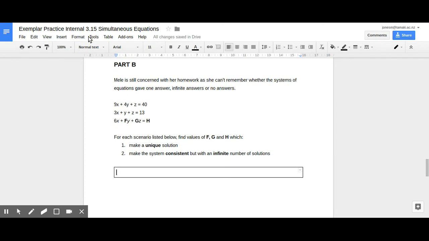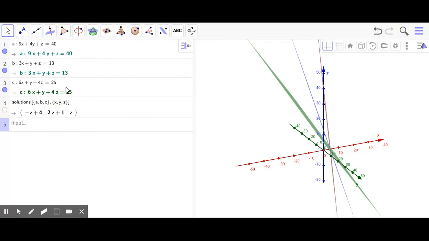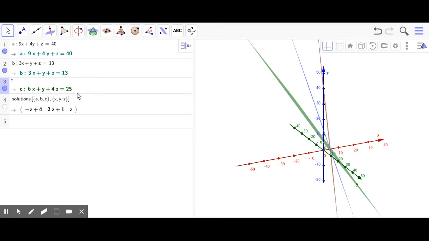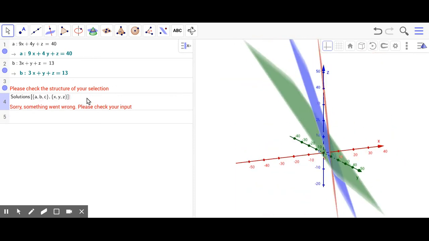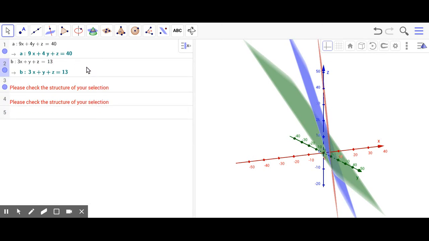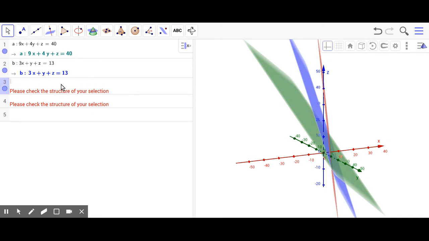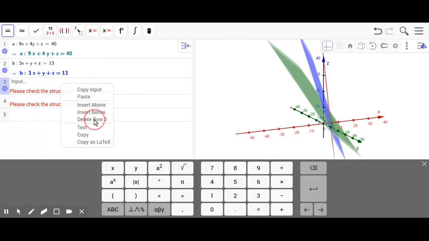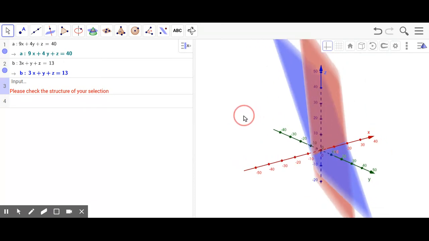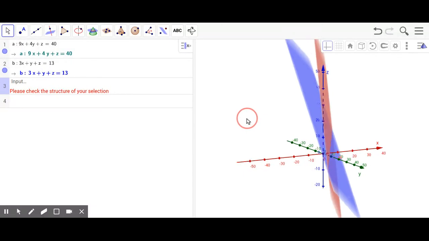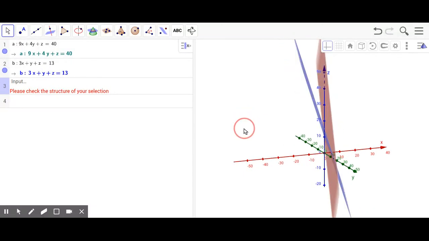So if we go to GeoGebra, I'm going to get rid of my equation C. Okay, so what we can see is that the first two planes intersect along an infinite number of points.